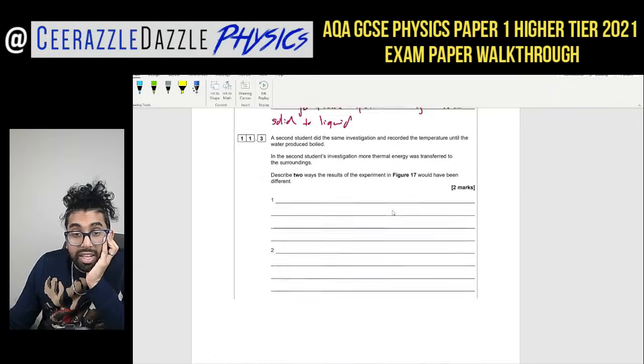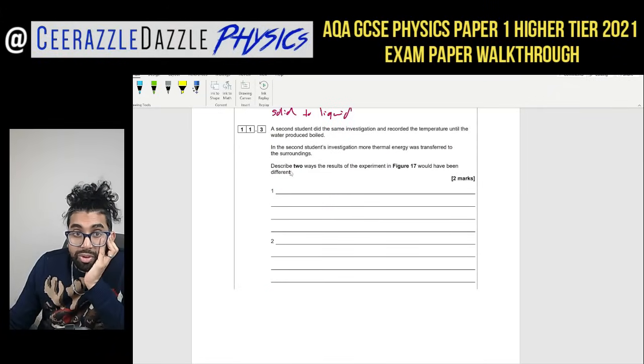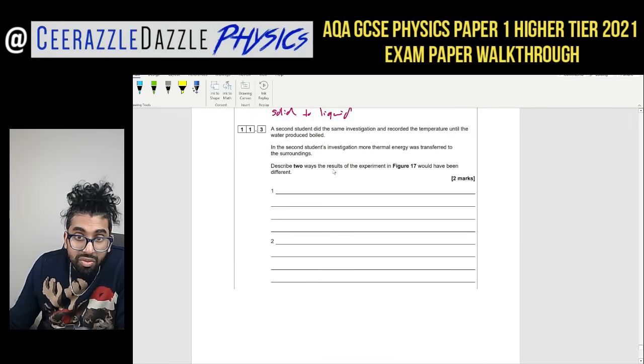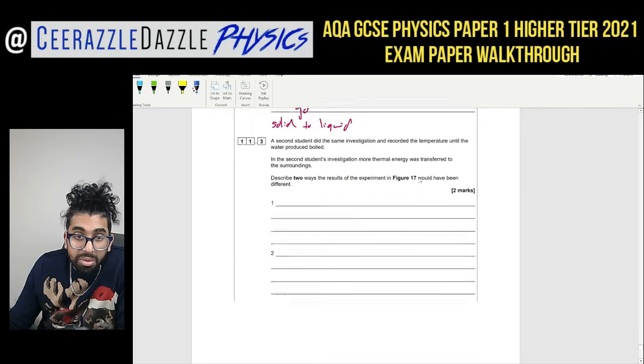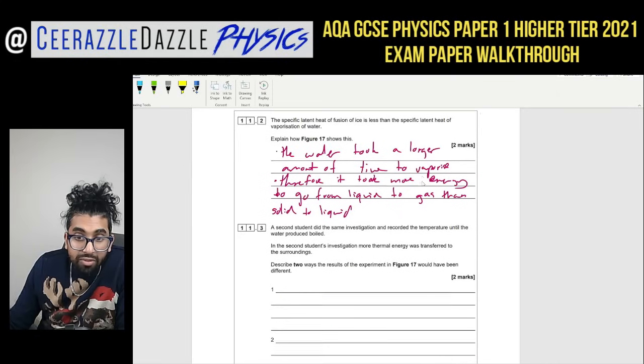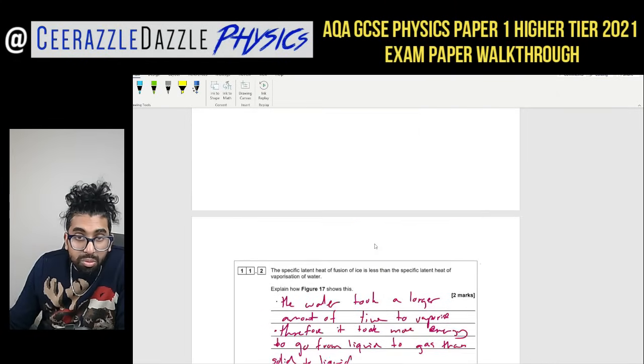Okay, right, next one. 11.3. A second student did the same investigation and recorded the temperature until the water produced boiled. In the second student's investigation, more thermal energy was transferred to the surroundings. Describe 2 ways in which the results of the experiment in 17 would have been different. So obviously, if you're transferring more energy to the surroundings, what's going to happen?